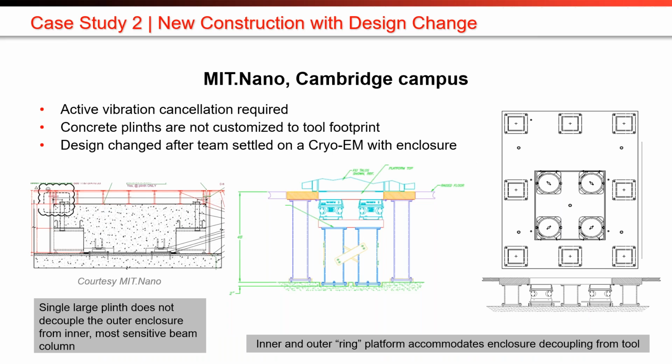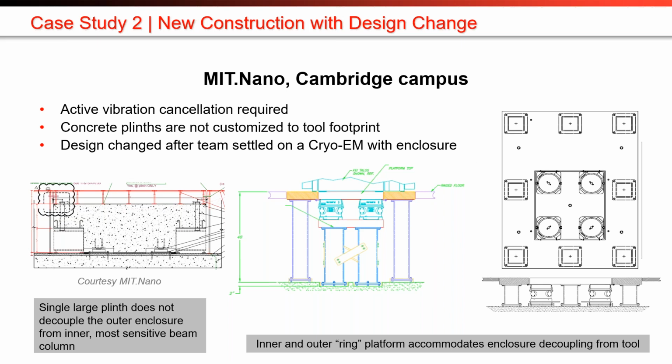So the drawing on the left is a cross-section of the T-shaped plinth supported by air isolators, right? The ones that would be chosen later by the tool owners, depending on what they wanted. And the images on the right show what they ended up doing. Because the floor vibration levels were too high, they ended up having to go with a serial type active system.